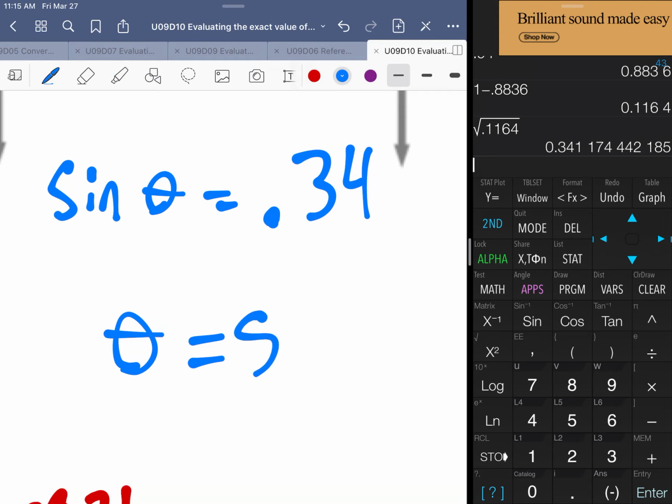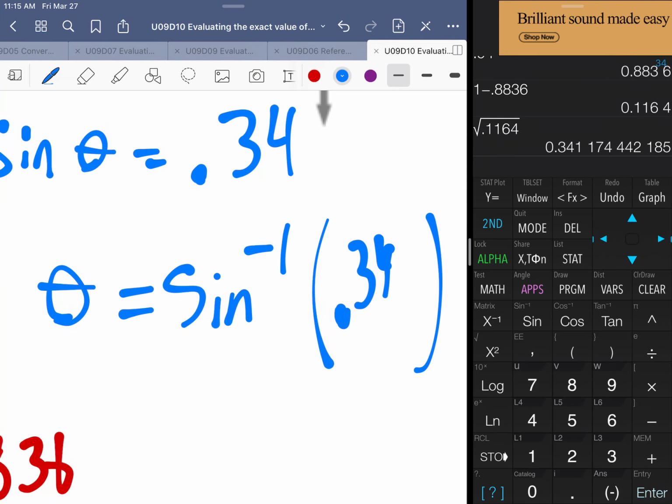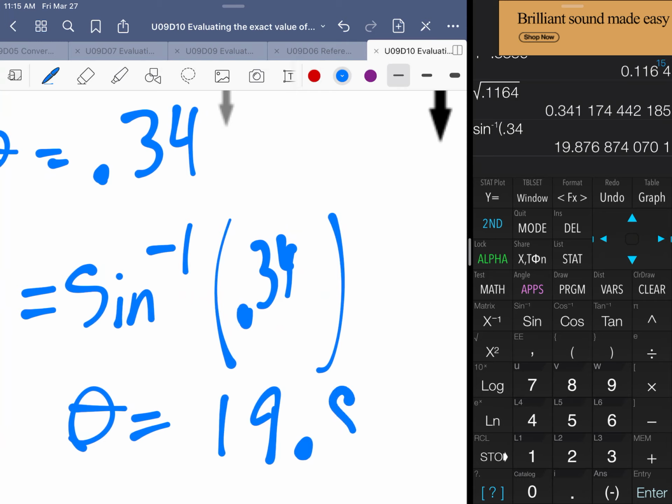So theta is equal to sine inverse of 0.34. And we get that theta is approximately 19.88 degrees.